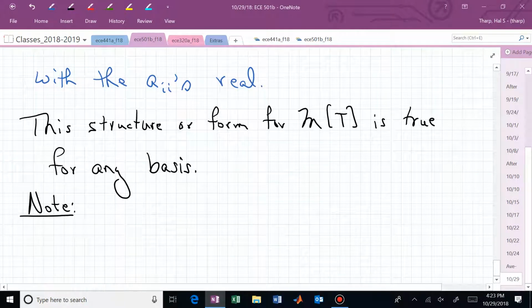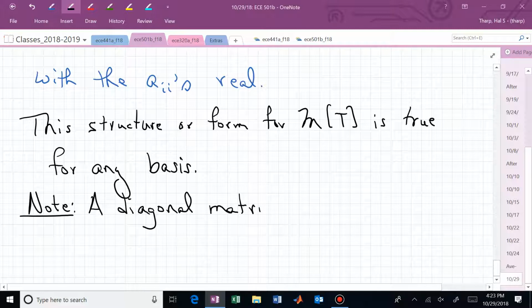And if I have a diagonal matrix, which we've referred to as a very nice matrix, haven't we? Because we have a lot of zeros. A diagonal matrix has this structure.